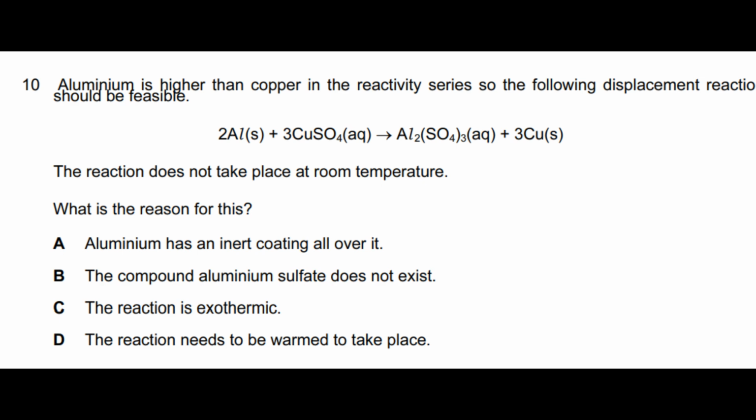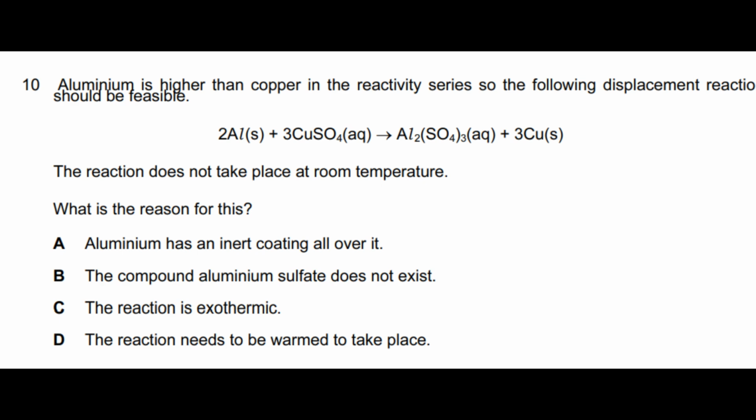Alright. Next question is: aluminium is higher than copper in the reactivity series, so the following displacement reaction takes place. Reaction does not take place at room temperature. Because the particles don't have enough energy, they need to be heated to have the minimum energy to start the reaction.